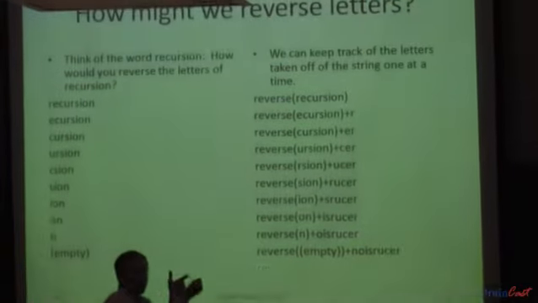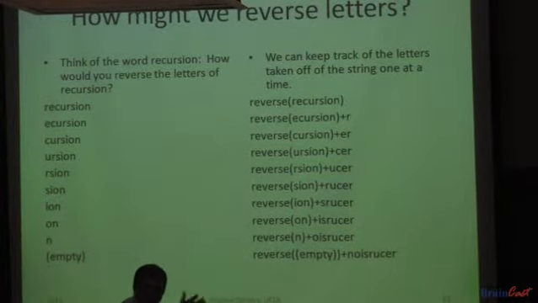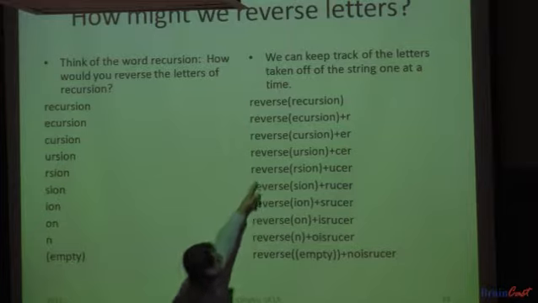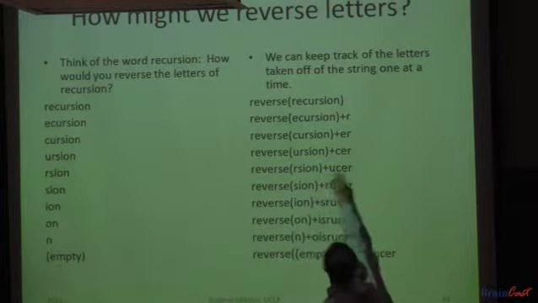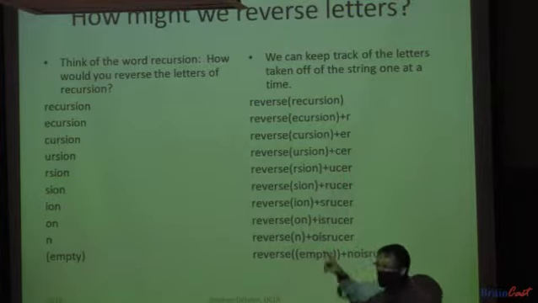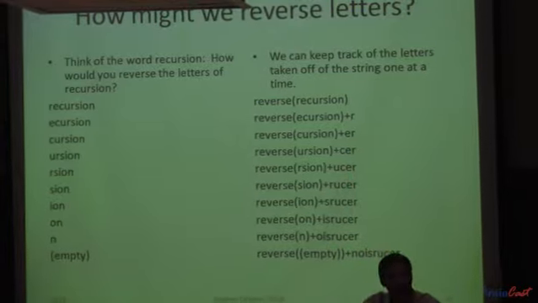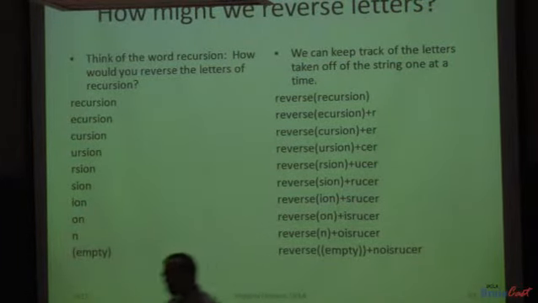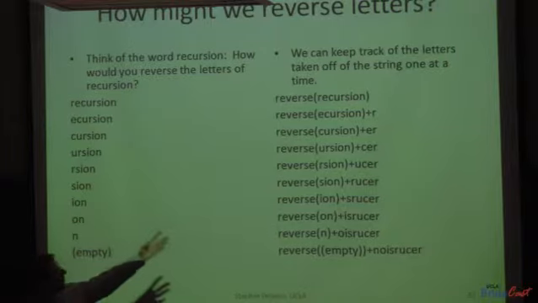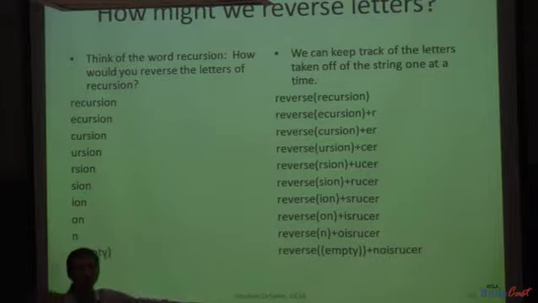Now, if you want to go through the entire process of how this would work in your mind, you can follow the chain down here. What it does is it will take the E out, and left append it to the R, and then essentially call reverse on the smaller word. But really, you just want to stop after that second line, which is: in order to reverse the letters in the word recursion, you pull out the first letter R and you append it to the same function called on a smaller set of characters.